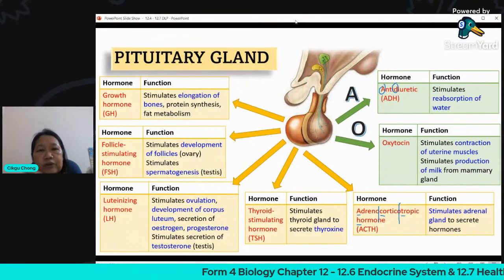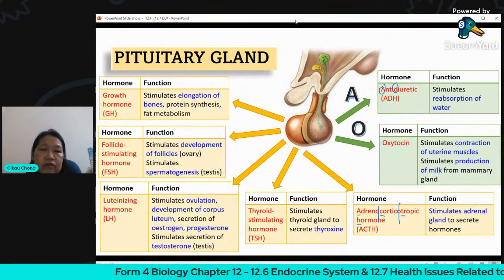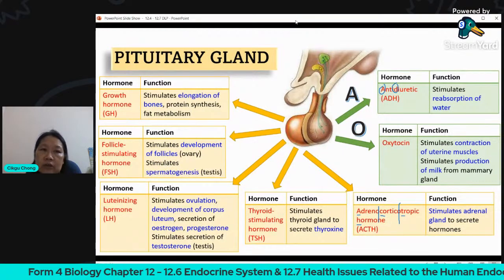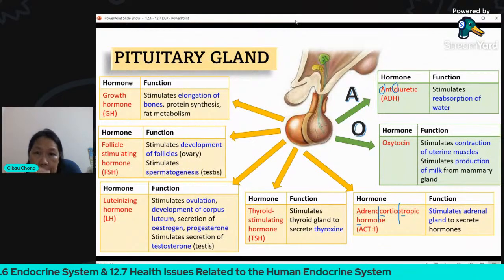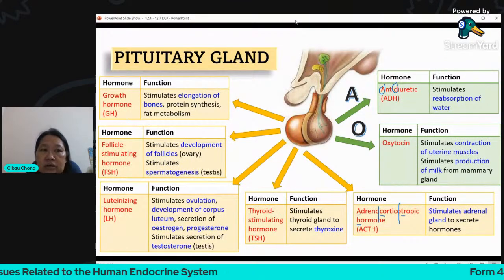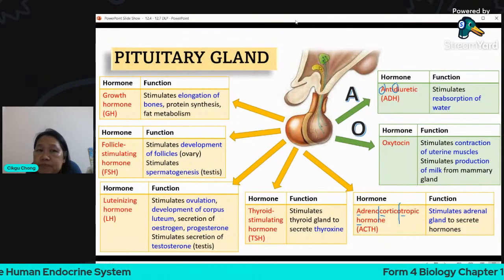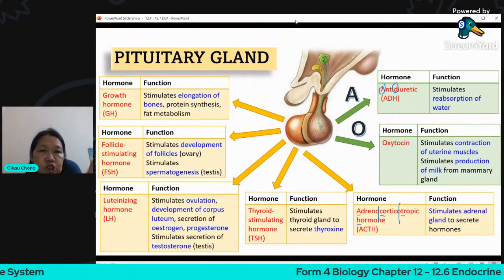Now, how to remember? I give you a clue. For the posterior pituitary gland, remember A and O. Just remember A and O. And for the anterior pituitary gland, you remember G flat.